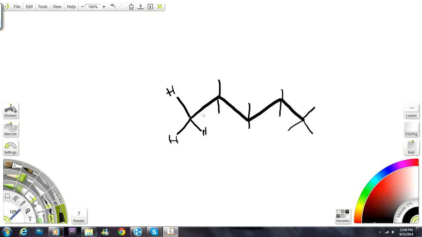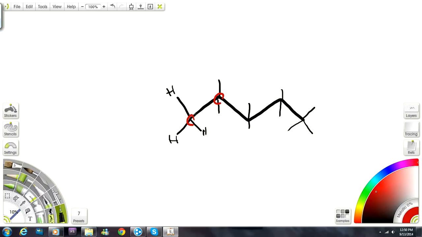Now, how do you determine how many hydrogens? Well, you have to remember that carbon's valency is 4, so it's going to want to bond 4 times. So there is a carbon right here, and then it's bonded to this carbon up here.